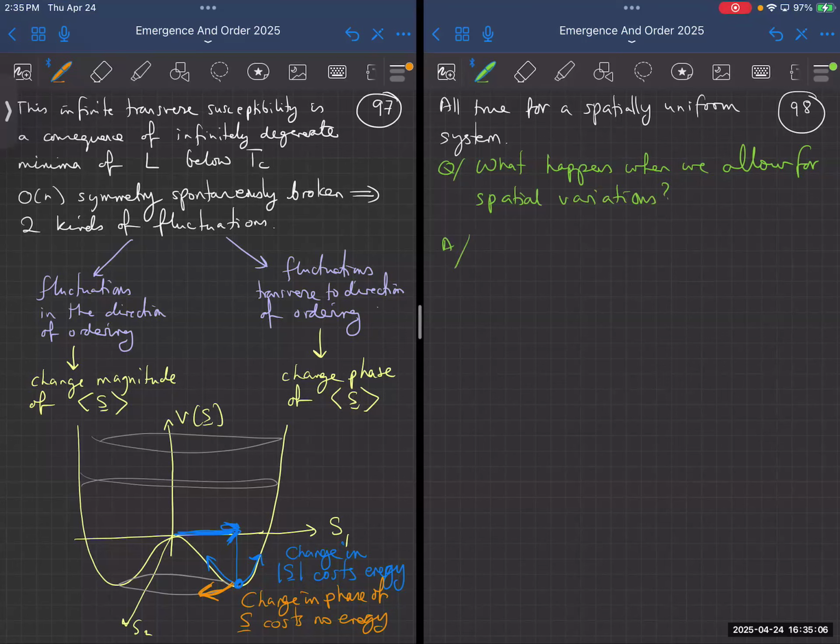Okay, now we have a model here which is O(N) symmetric. So now I want to ask, how many of these different modes are there? How many longitudinal modes are there? And how many transverse modes are there?